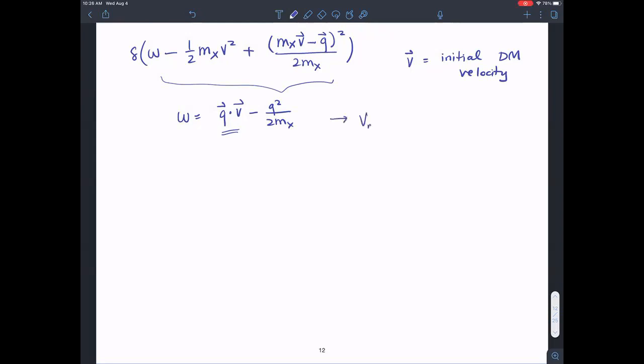So that implies there is a minimum velocity. For a given momentum and energy deposition, there's a minimum velocity the dark matter needs to have in order to get to that part of the phase space.